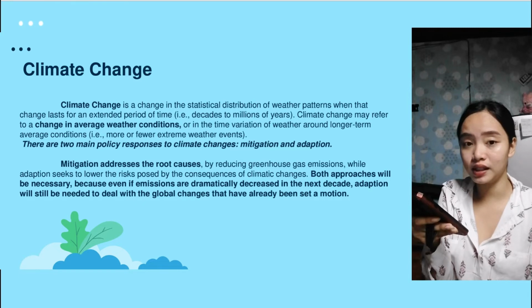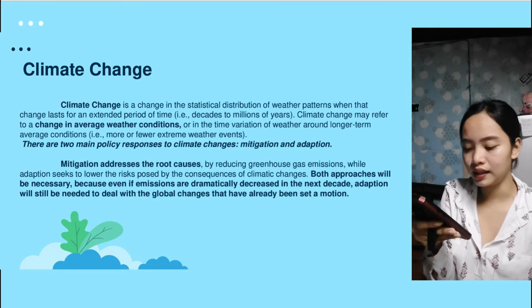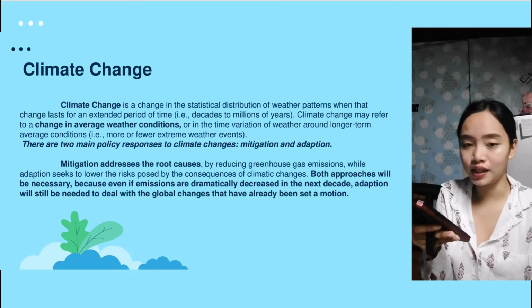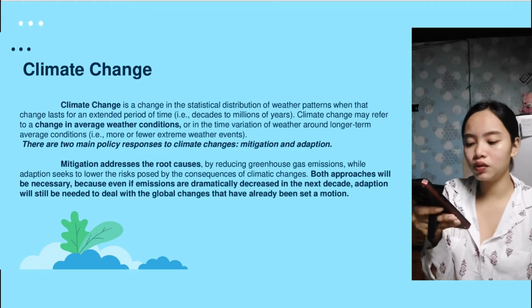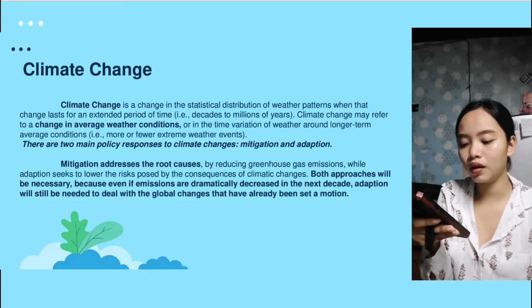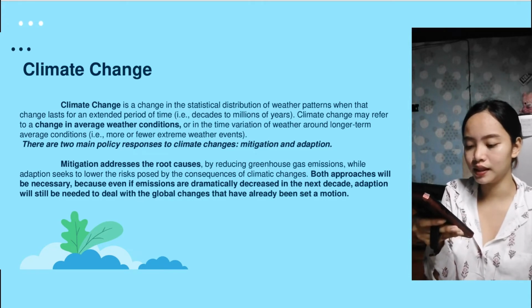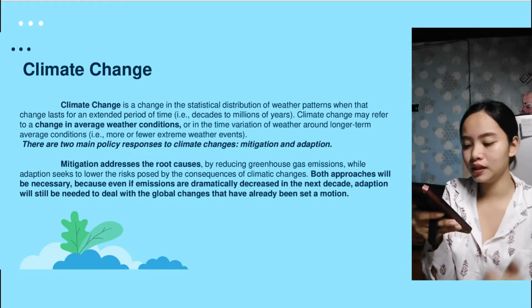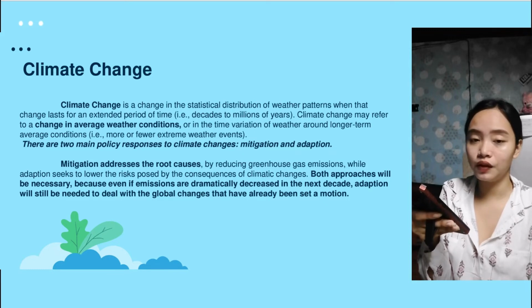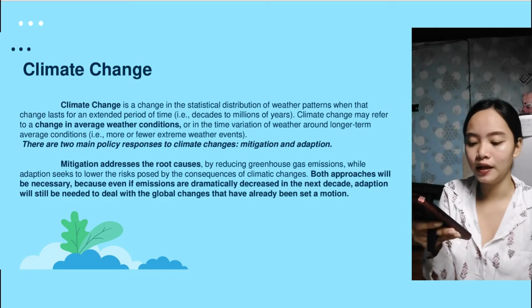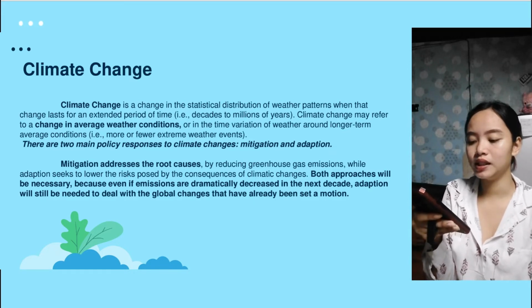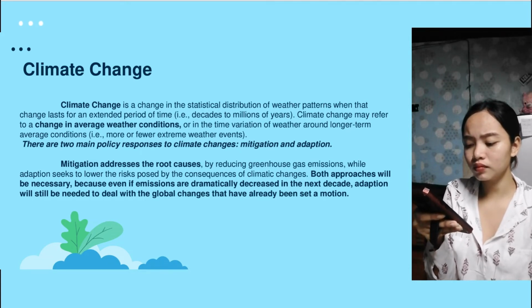So mitigation addresses the root causes by reducing greenhouse gas emissions, while adaptation seeks to lower the risk posed by the consequences of climate change. Both approaches will be necessary because even if emissions are dramatically decreased in the next decade, adaptation will still be needed to deal with the global change that has already been set in motion.